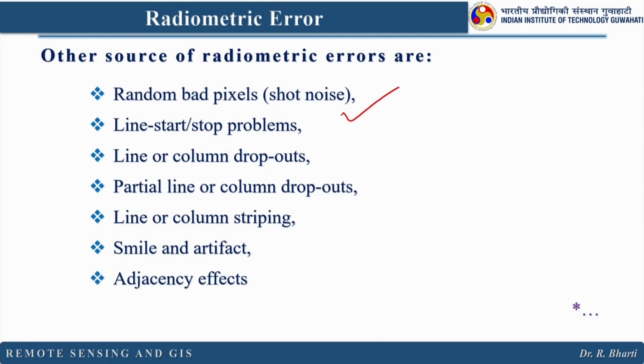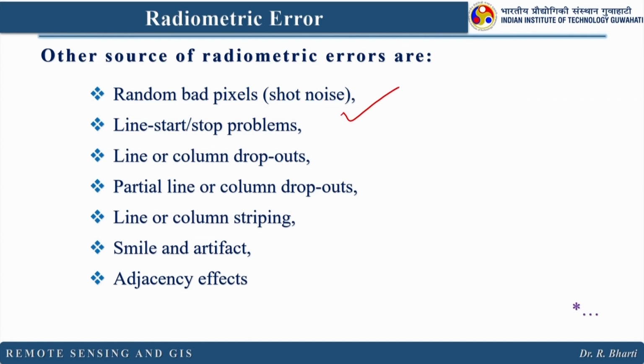All these are basically under this radiometric error. So in the next few lectures, you will understand all these errors in detail and how we correct them, the correction techniques. Thank you.